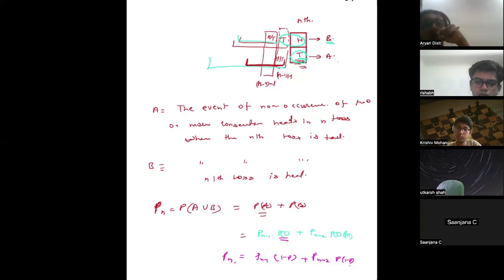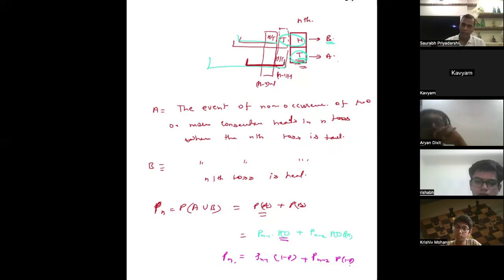Does anyone want to ask anything? If they ask for the probability of this occurring, then it would be the sum of all probabilities till infinity. How can we calculate that?